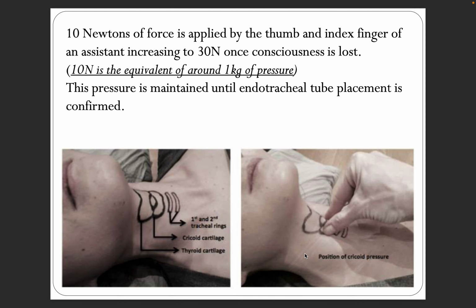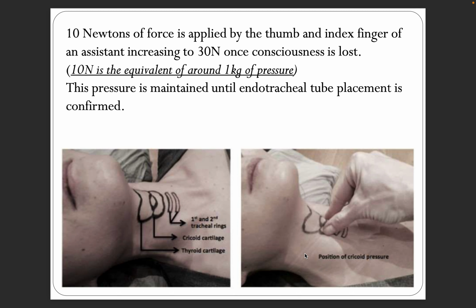So, we are talking here about the cricoid pressure. 10 Newton of force is applied by the thumb and the index finger of an assistant, which is increased to 30 Newton once the patient is unconscious. 10 Newton is equivalent to around 1 kg of pressure.